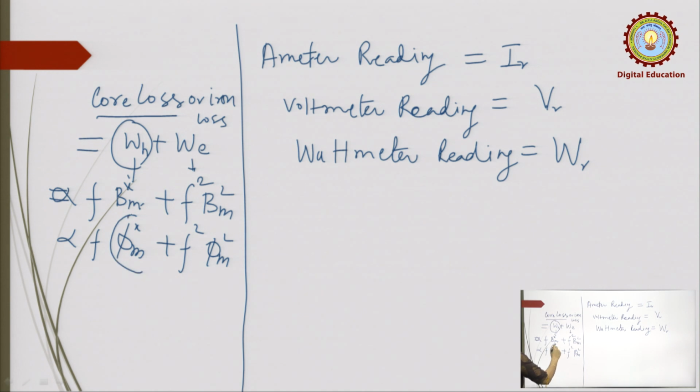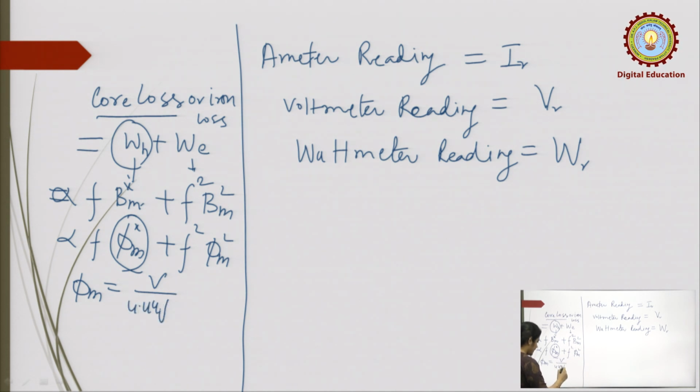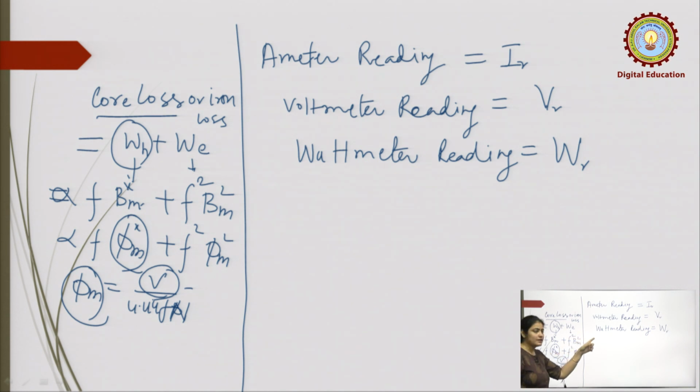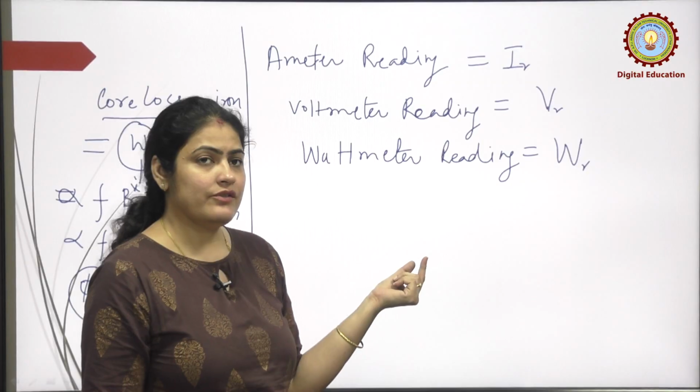Now, this flux is produced by the applied voltage. What is phi m? Phi m is V upon 4.44 f N. So, this flux is proportional to the voltage. And in this case the voltage is very reduced.